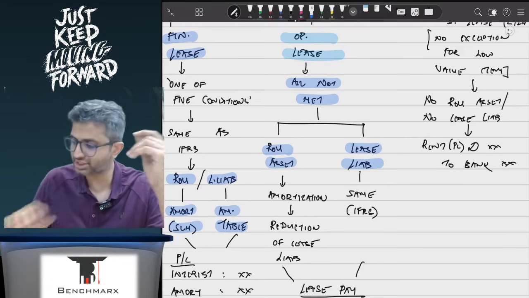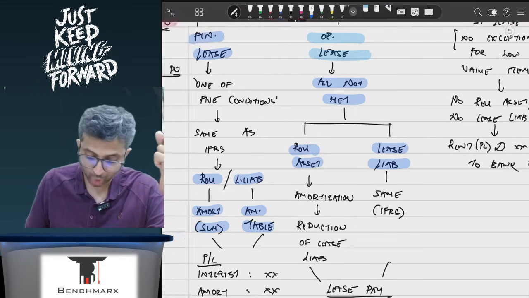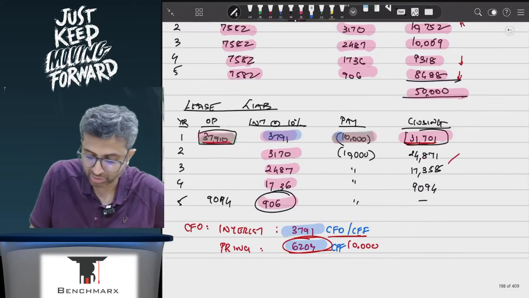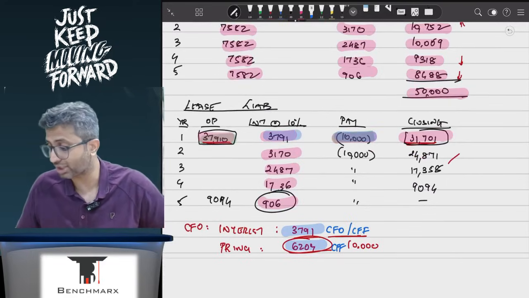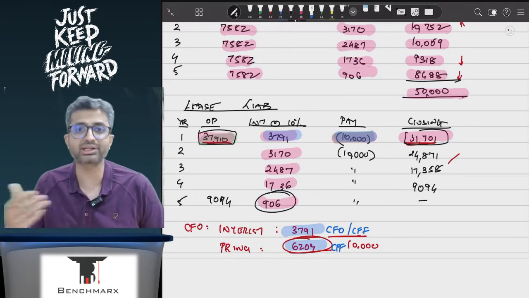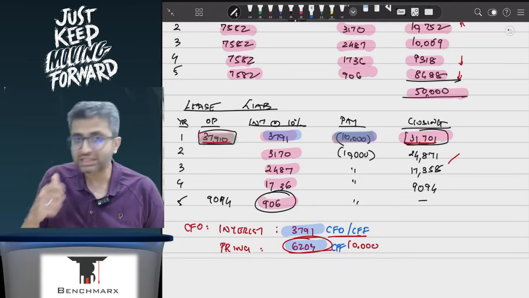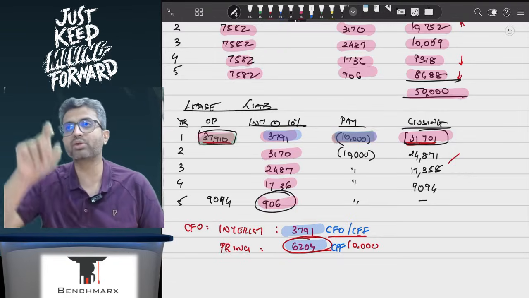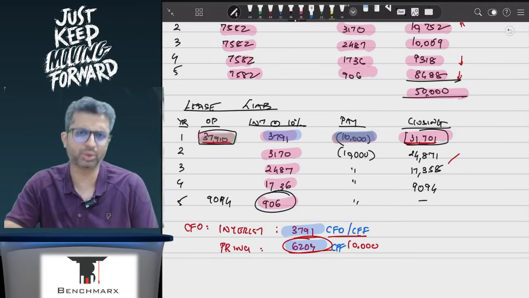In the first year, of the total payment of 10,000, 3791 was paid towards interest, which means the remaining 6209 was towards the principal. So that 6209 paid towards the principal is what is going to be used for the purpose of amortizing your right of use asset.